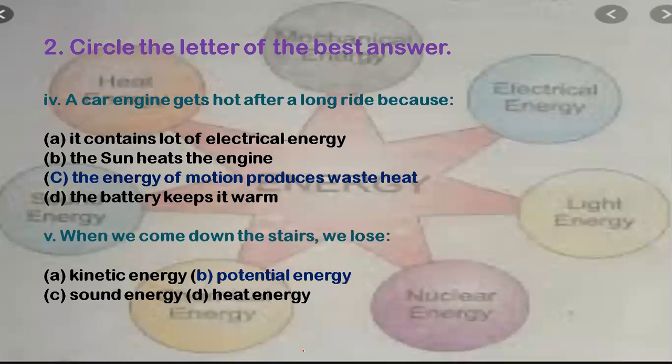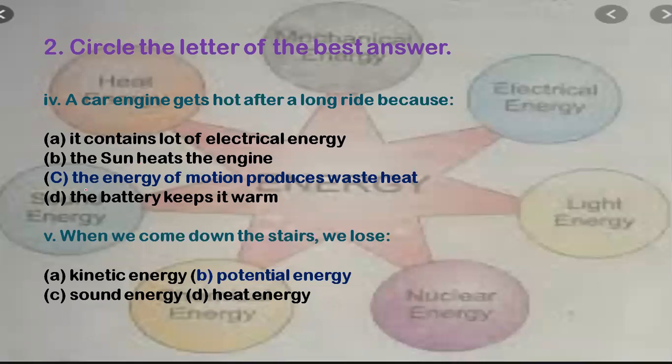Okay, the next one is number 4. A car engine gets hot after a long ride, like when someone has been driving the car for a long drive. So what will happen? Does it contain a lot of electric energy? Definitely no. Does the sun heat the engine? But sometimes we also drive the car at night.